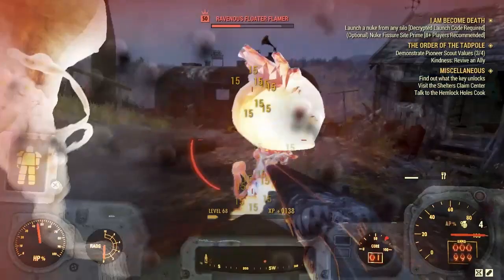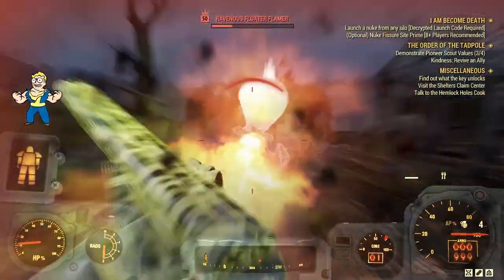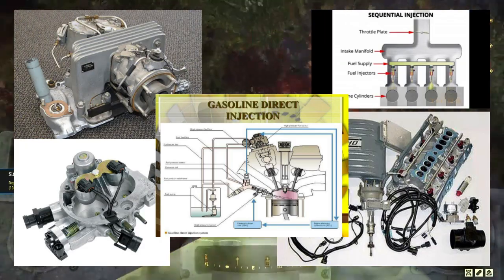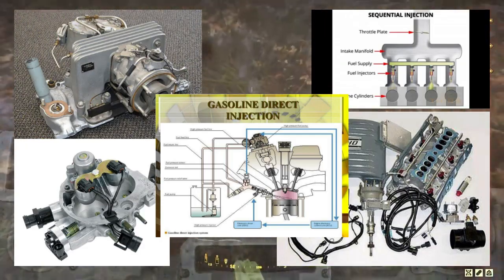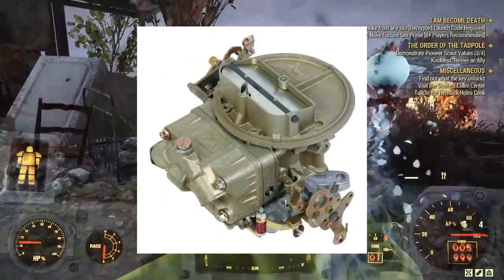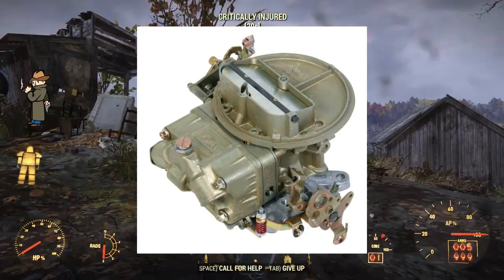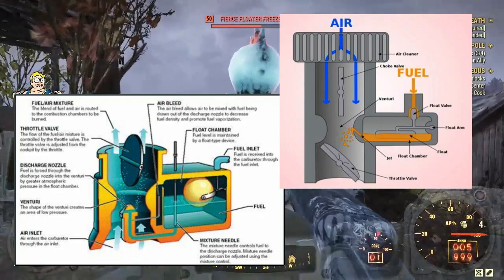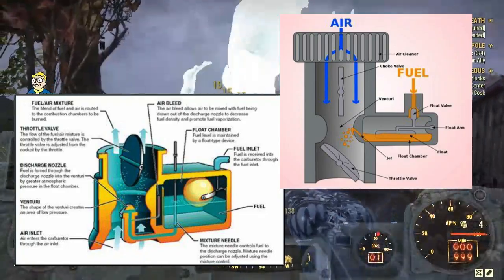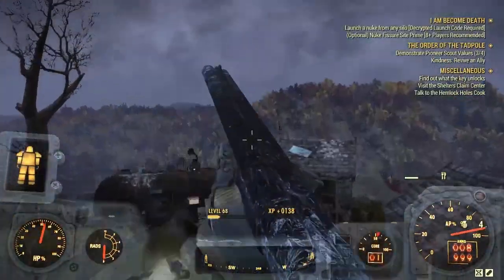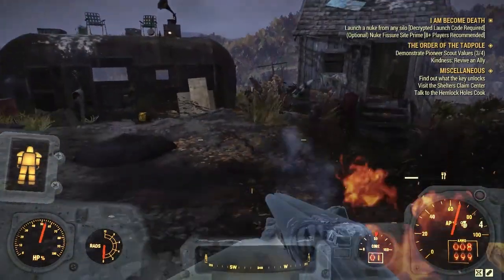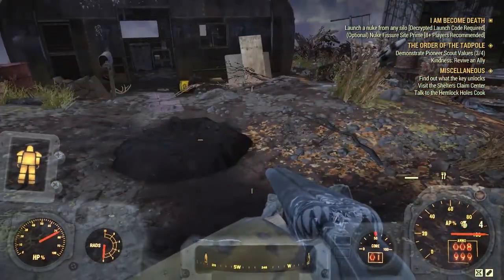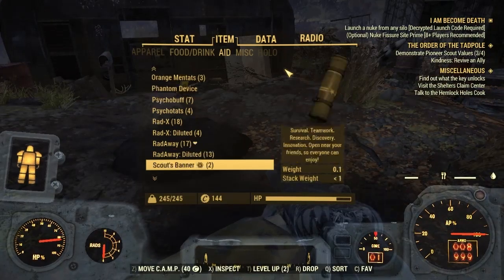Moving on from that, we've got fuel system or fuel delivery, which basically I'm talking about carburetors. Carburetors are the old way of giving an engine fuel.